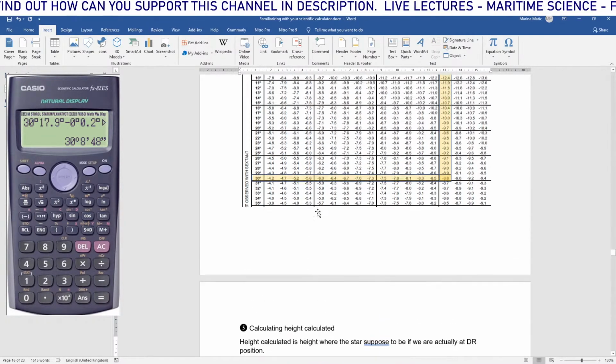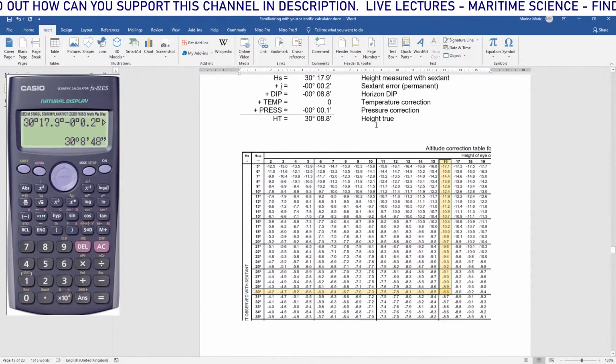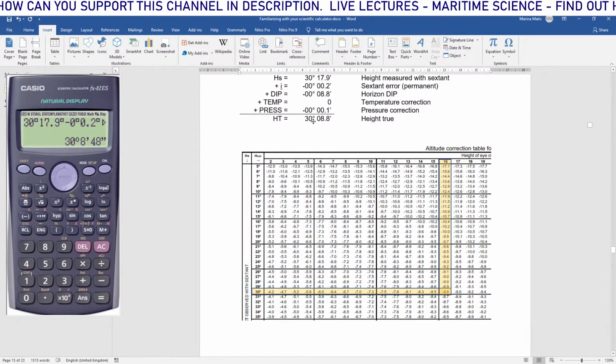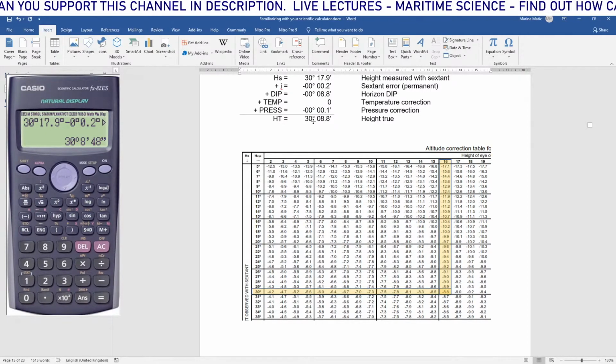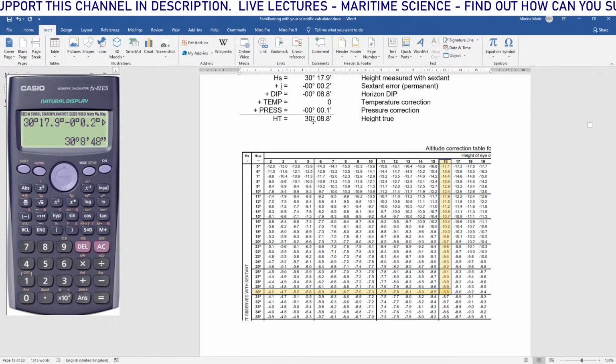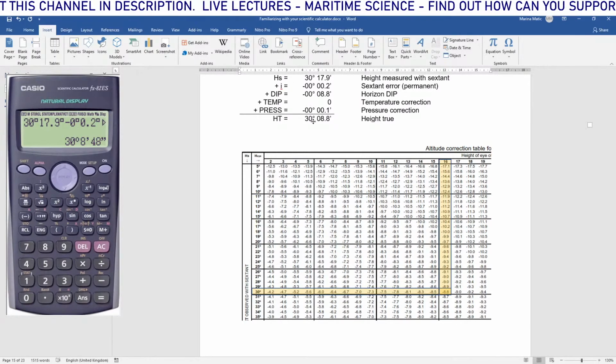So this height that we get here, height true, is the actual height of that star from our true position. But we do not know the coordinates of this position. What we do know is, close your eyes, pick something on Earth, and you know the coordinates of that imaginary DR position.